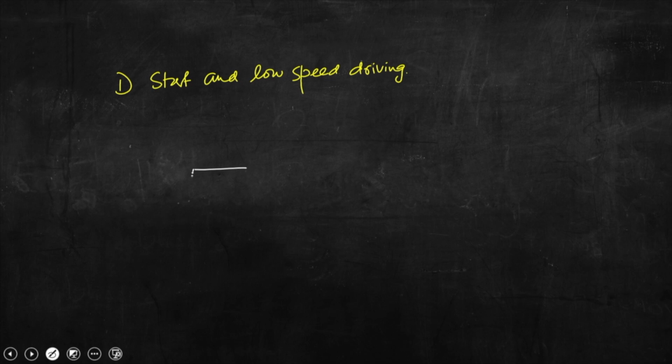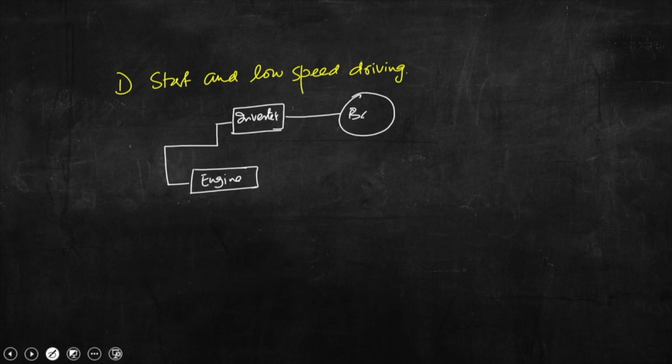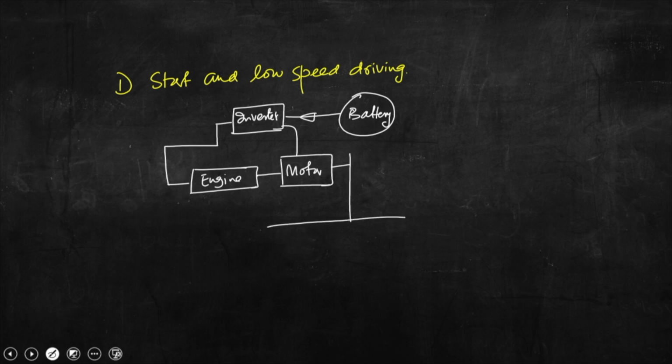We have the engine block, then we have the inverter, right, the battery will be there, and then this is connected to the motor, and then this is the belt drive, and so these are the wheels.